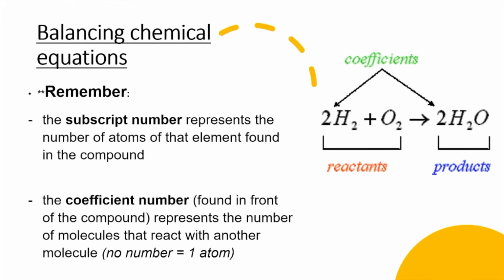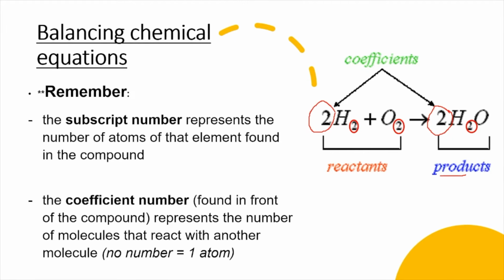If you look at the example provided on the right-hand side, the coefficients are represented in front of the elements and of the reactant. But the subscripts are the small numbers placed in red. So if we have a look at the coefficients in this example, we have two hydrogen molecules here, and we have two water molecules that are represented in our product side.